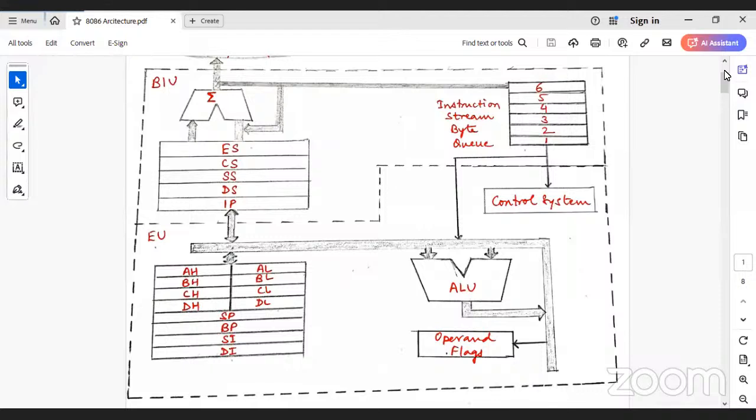Now, further, one more major point which is to be noticed in 8086 processor is that there, the working registers which were available were only 8 bits wide.